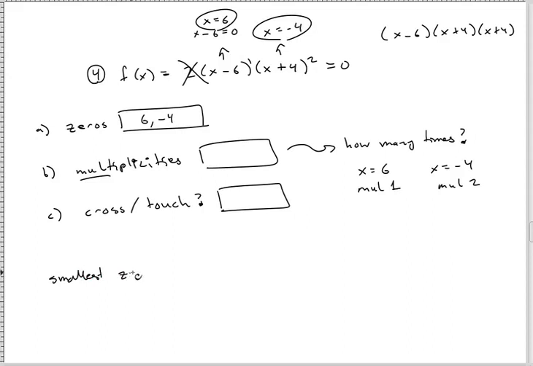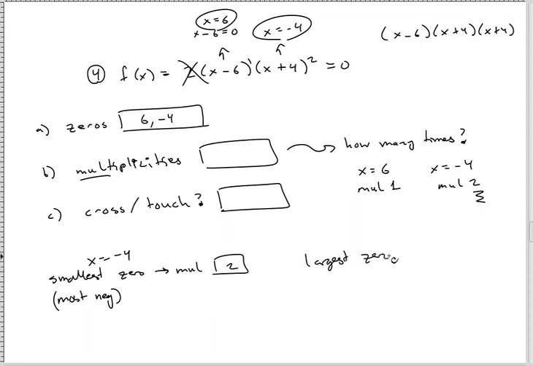What was the multiplicity? What they're asking for is the most negative, and that would be the negative 4 here. So they're saying x equals negative 4. That's my 0. So what's the multiplicity associated with it? 2. Okay? And then we're going to say the largest 0.